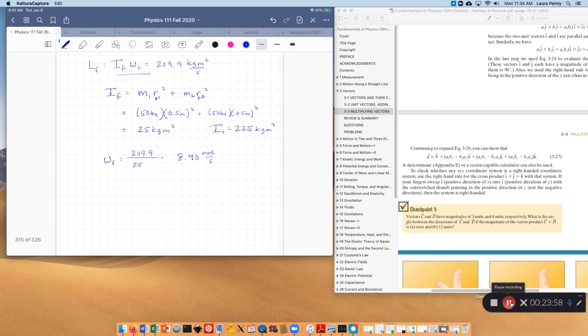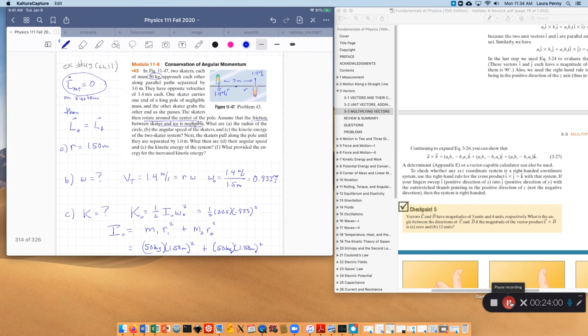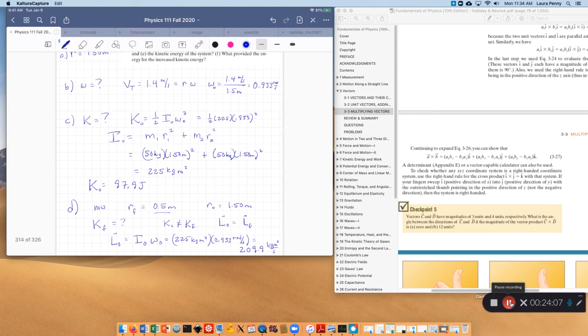What is it actually? It wants to know in part D their angular speed. Sorry, so D wants to know the angular speed. I jumped ahead there. So I used the conservation of angular momentum to find that.